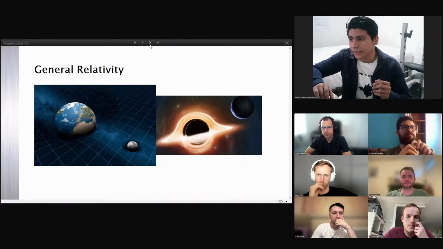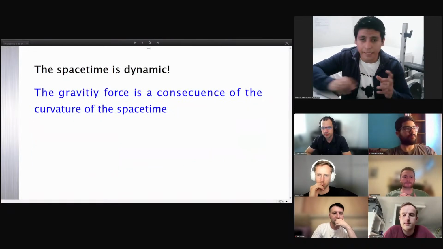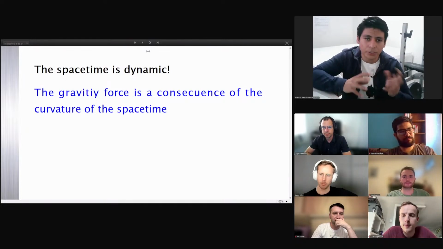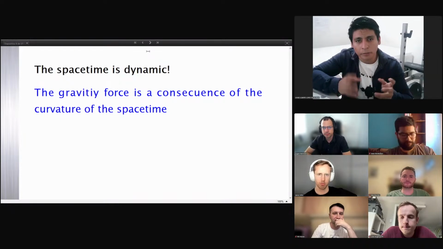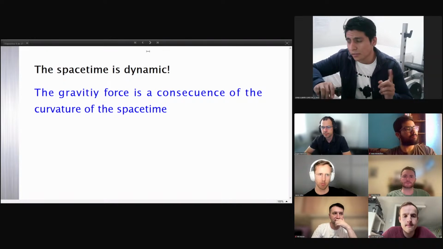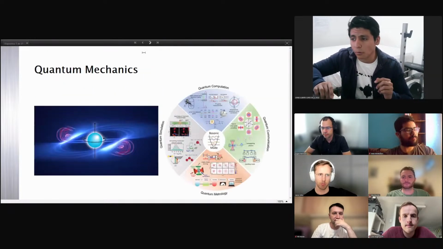Here, space-time is not fixed, it's dynamic. All right? So, with special relativity and general relativity, we can explain almost everything in the universe, but we're missing something very important, the quantum world.